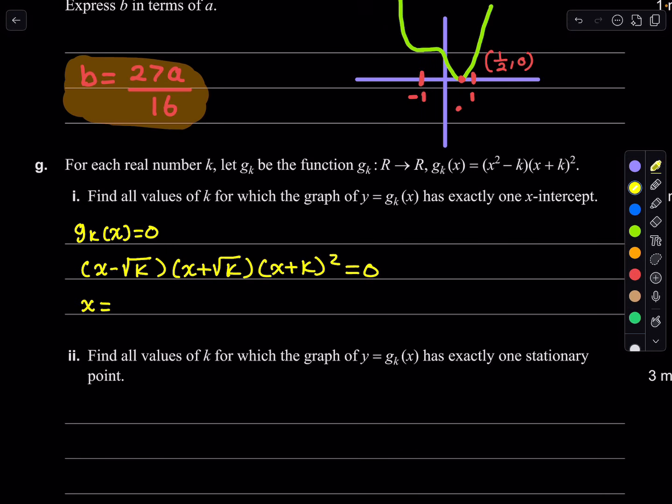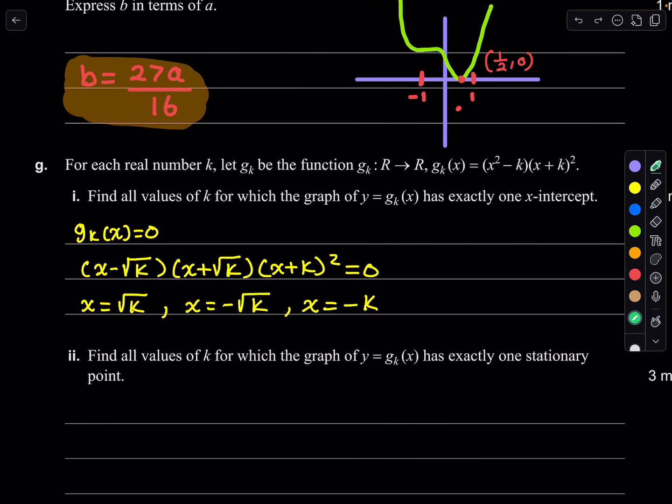So your solutions are going to be x equals root k, x equals negative root k, and x equals negative k. So these are your x-intercepts, yeah? But what values of k can we have where we have exactly one x-intercept? So only one exists.